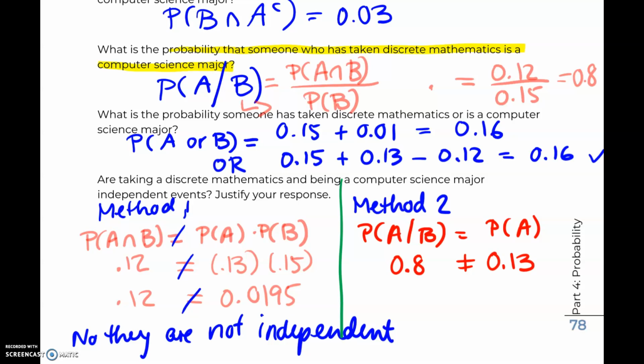Since we had already calculated the conditional probability, it's easy for us to compare it with the marginal probability. And therefore, we can say, oh no, they are not independent. In fact, they are dependent because, and then use one of these explanations.